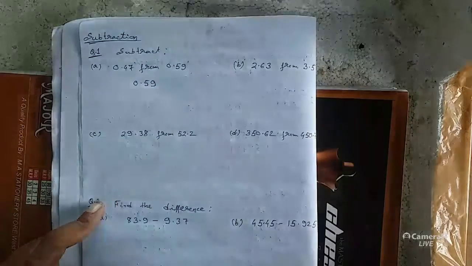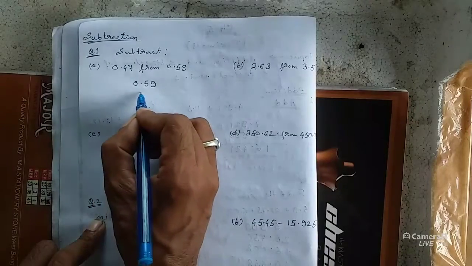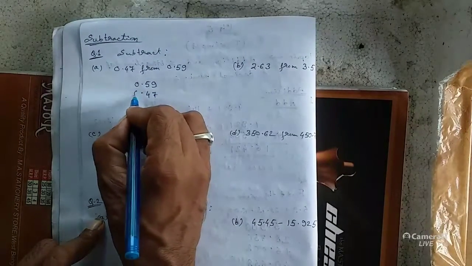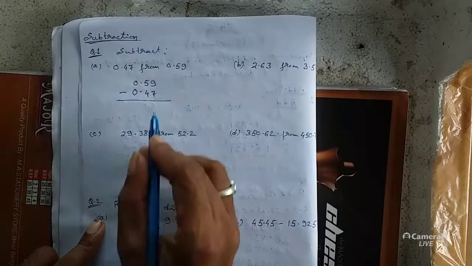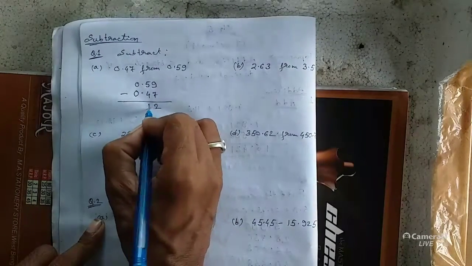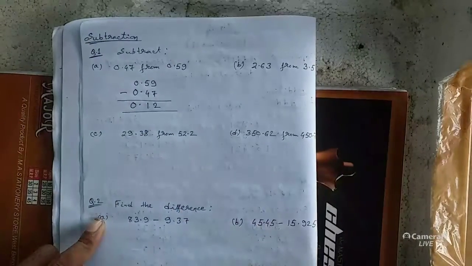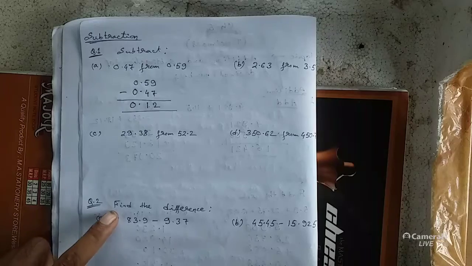In the case of subtraction, we have to again arrange. For the second number, put the decimal at the decimal place, 0.47. Subtraction sign and do the subtraction. 9 minus 7, 2; 5 minus 4, 1; decimal and 0. So the subtraction result becomes 0.12.